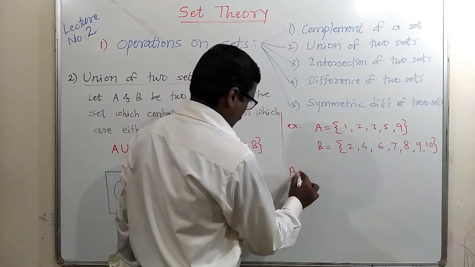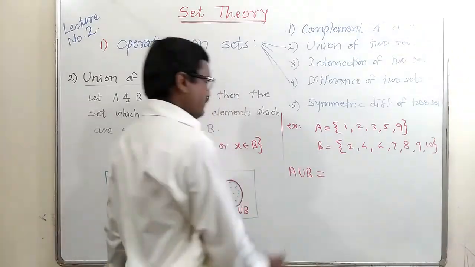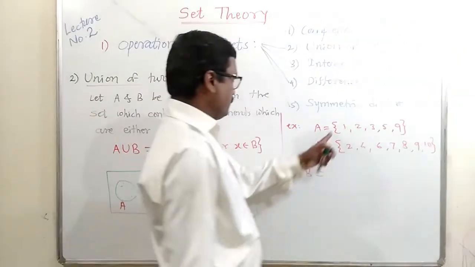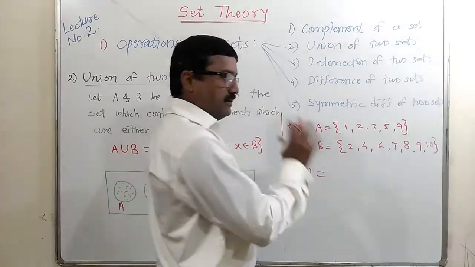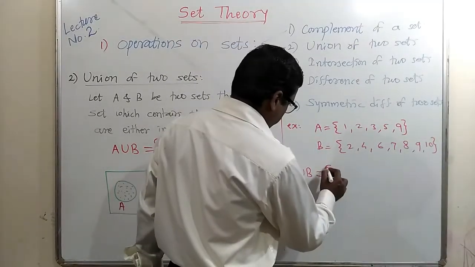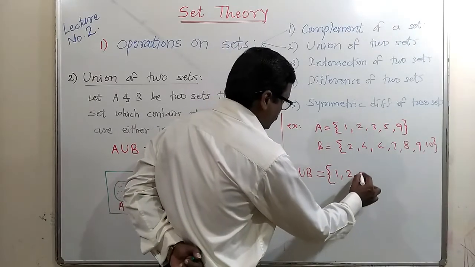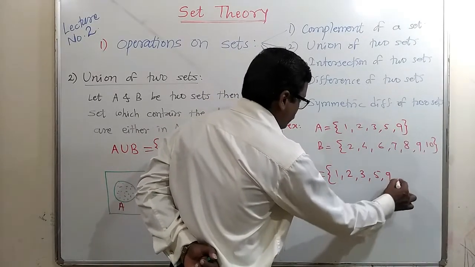Then A union B, it will be: in union, it contains either element of A or B, means it contains all the elements of A and B. So first the elements of set A, that is 1, 2, 3, 5, 9.